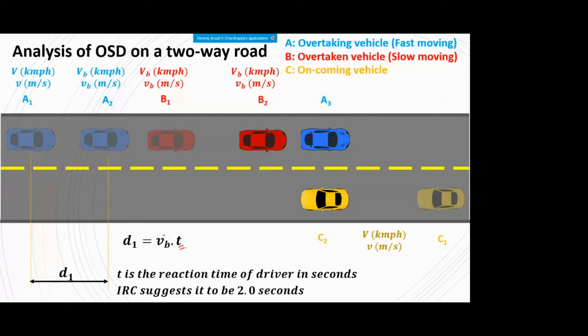Now, consider the speed used here, that is VB. Some of you might ponder that I have not mentioned anywhere whether the speed is reducing linearly or non-linearly over the distance D1 traveled by this vehicle from A1 to A2. What we have taken in the analysis is the speed of the slow moving vehicle.